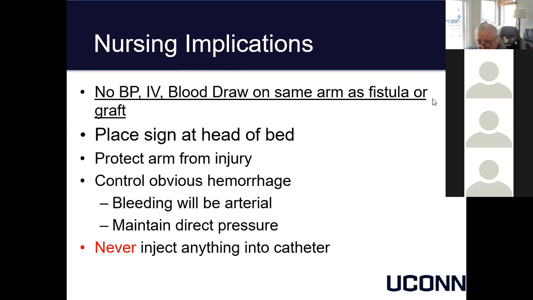But when they're in the hospital, there's usually signage to lay off: no blood draws, right arm, left arm, whatever it is, no blood pressures. That's something that's always passed on in report. And it's something you're always assessing to make sure you are feeling that thrill and hearing that bruit.